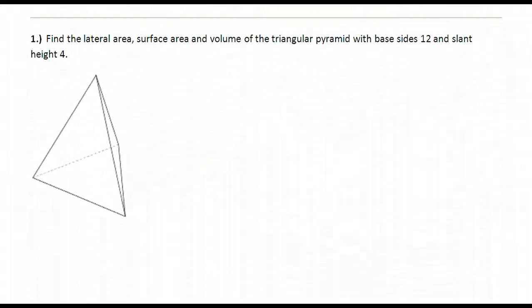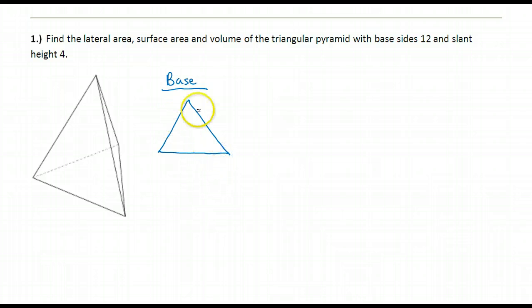In example 1, we have a triangular pyramid. Step 1 is always to draw out the base and figure out the perimeter and the base area. In this example, the base is an equilateral triangle where each side is 12. So to figure out the perimeter, it's just 12 and 12 and 12, which is 36.